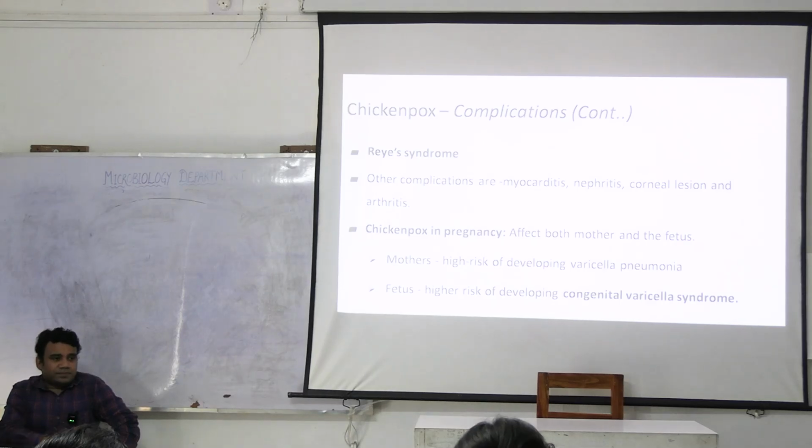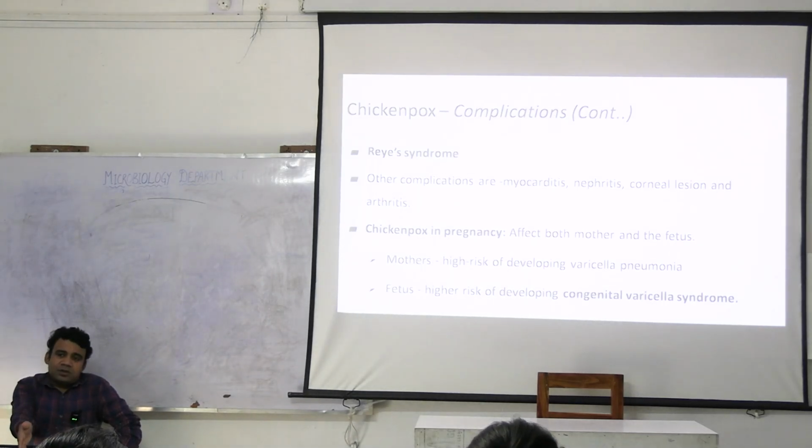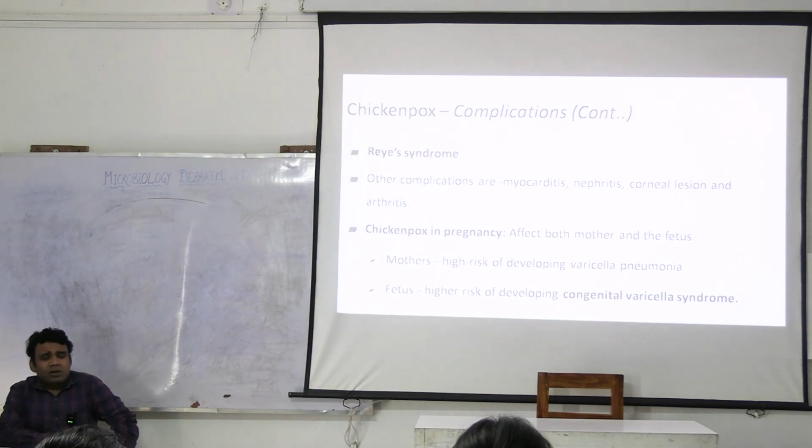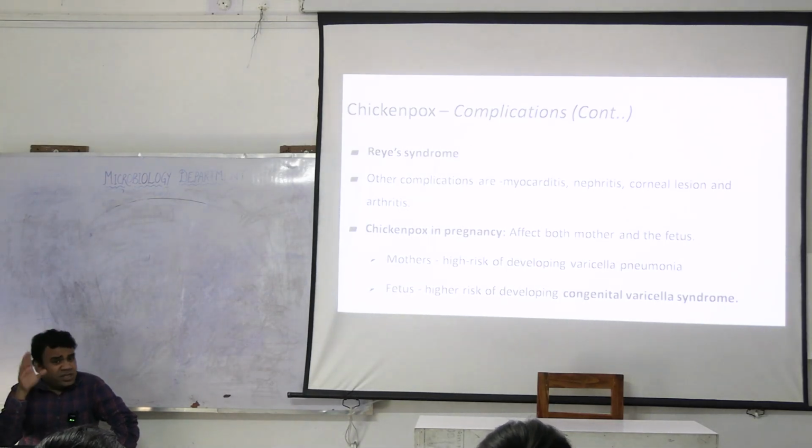What will happen? Suppose you have delivered a child, and in the evening, when you go for the routine checkup, you find the mother has vesicular lesions all over the body. Now, when the rash appeared, prior to the rash, viremia will be there.